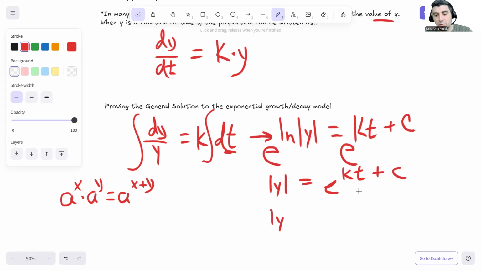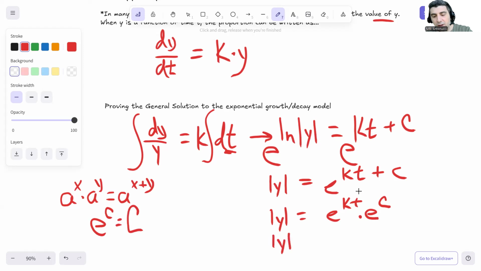So absolute value of y equals e to the kt times e to the c, because the kt plus c is being added in the exponent. So we could reverse that product property for exponents. Since we're adding in the exponents, we can rewrite it as multiplying like bases. Now, e to the c is just a constant. So I'm going to write this as absolute value of y equals c e to the kt.